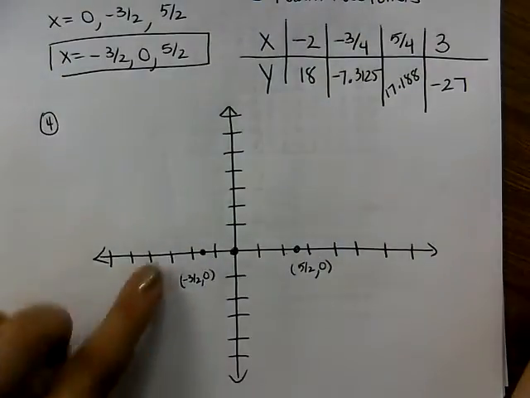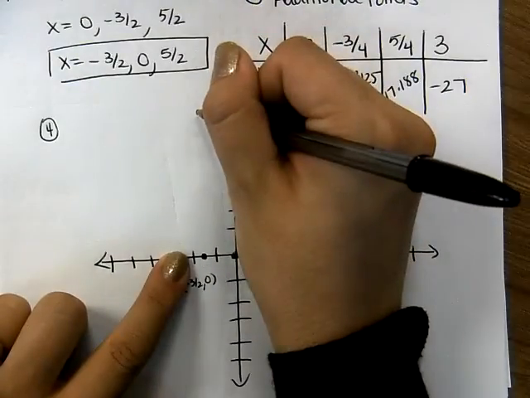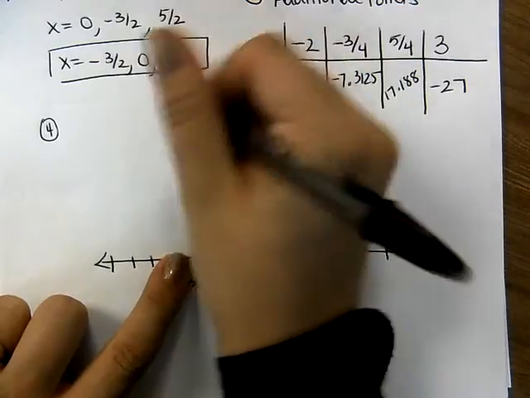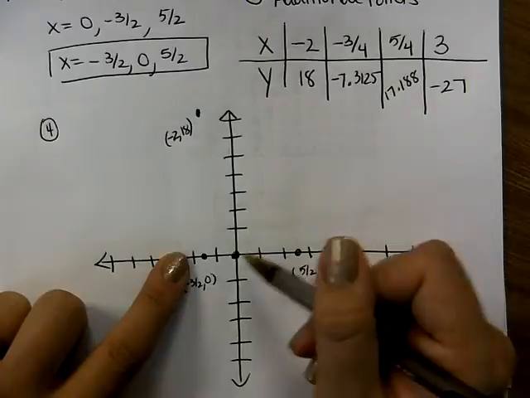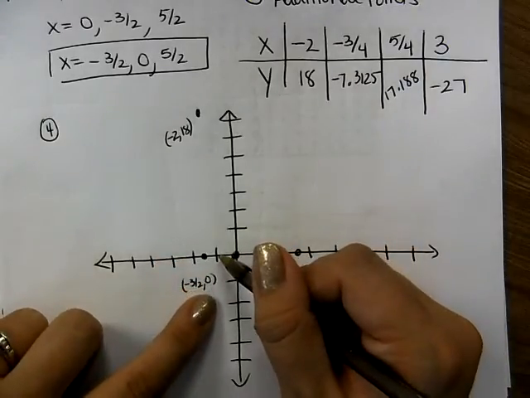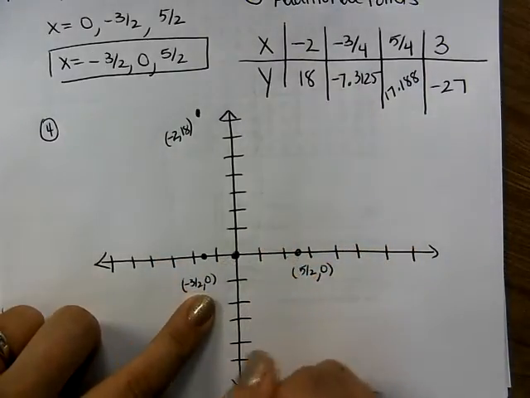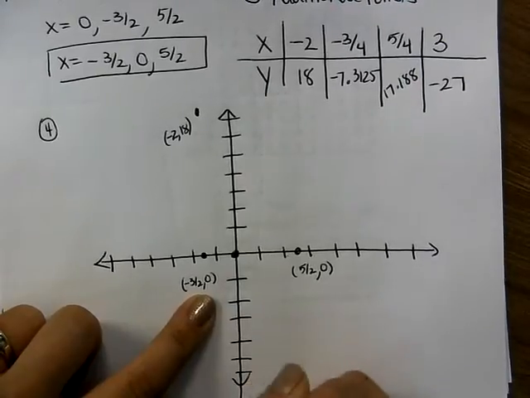So negative 2, 18 is going to be pretty far up here, so we'll just label that. Negative 3/4, negative 7.3125, like down here somewhere.